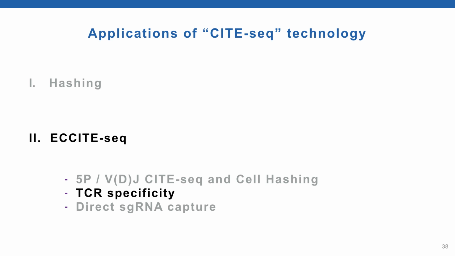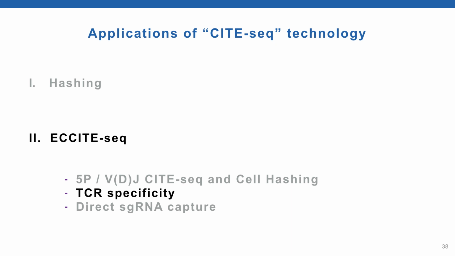There's another application of this CITE-seq, ECCITE-seq technology I'd like to briefly talk about today. This wasn't in our original paper, but this is something that we've been working on with Nick Skourakis' group at UCSD. So Nick's group has come up with a really cool way of generating peptide-loaded MHC tetramers using a chaperone-mediated exchange, which actually makes this whole process really quite cheap and relatively easy, in their hands at least.